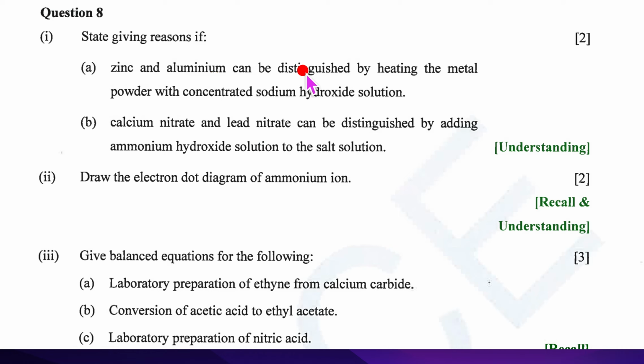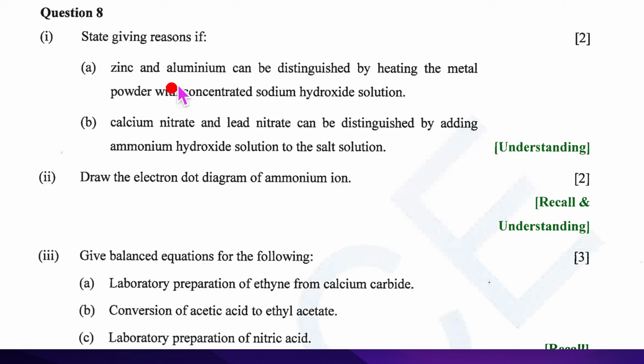Both of them are going to give H2, that is colorless odorless gas, which extinguishes the glowing splinter with a pop sound. So can you distinguish them? No. So what is the answer? No, since both will liberate hydrogen gas, and so we cannot distinguish.